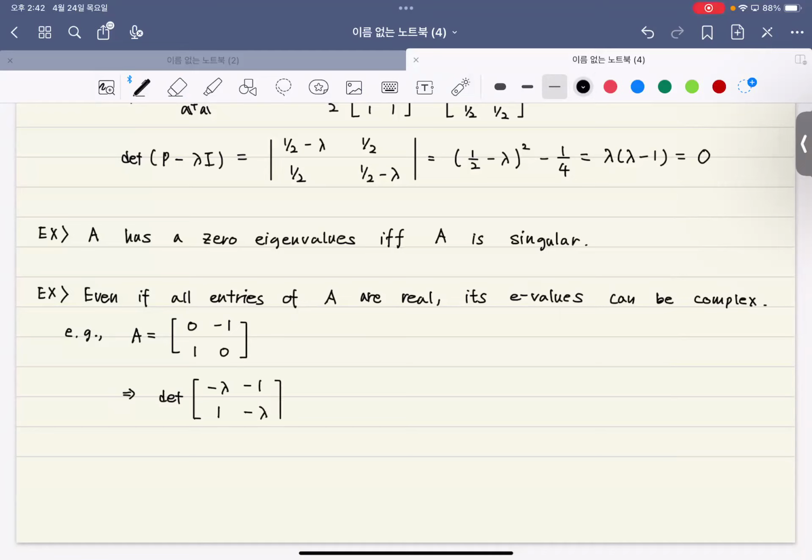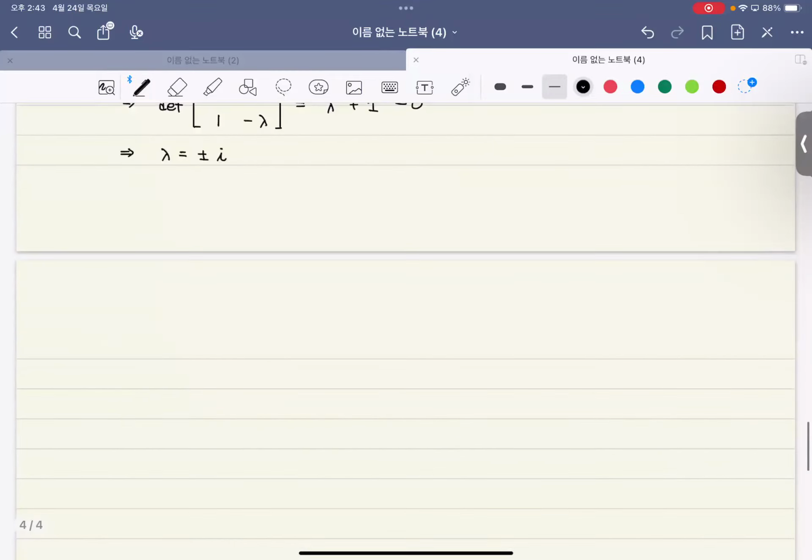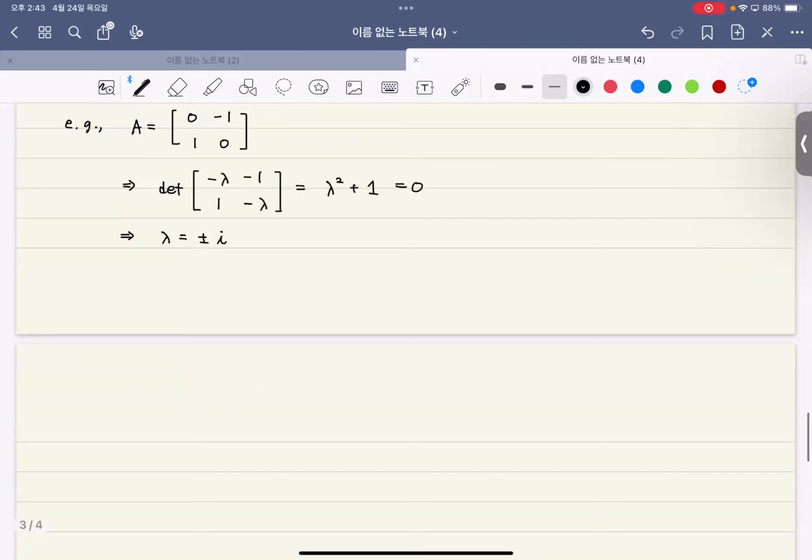This is the characteristic polynomial, right? And it turns out to be lambda squared plus 1. So its eigenvalues are plus and minus the imaginary unit i. In such a case, when your two eigenvalues are complex conjugates of each other, then your eigenvector must have some complex entry inside.